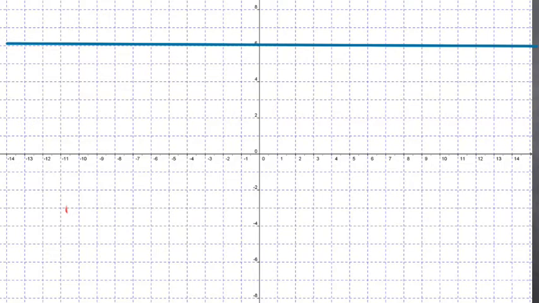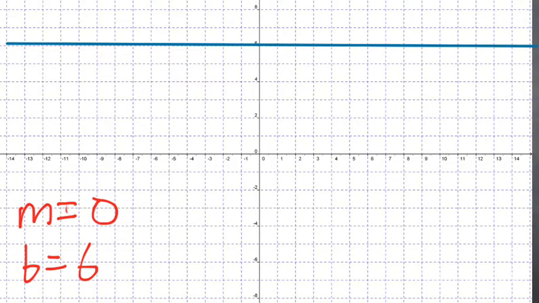What is its linear equation? Well, tell me. When does this line cross the y-axis? 6. So you know your b is 6, but my m, what did I tell you yesterday? It's vertical or horizontal. It automatically has a slope of 0. So just like that, you found your m and you found your b.